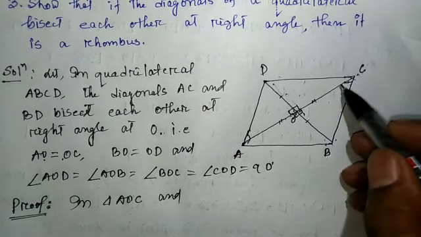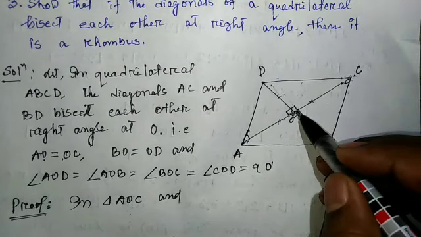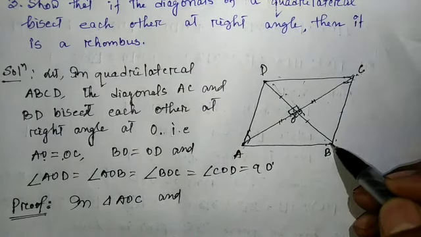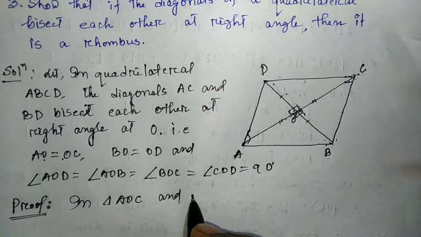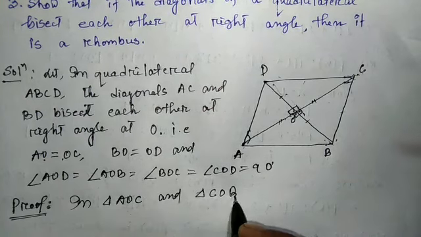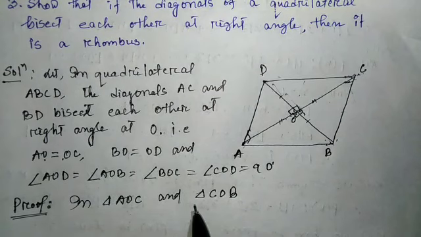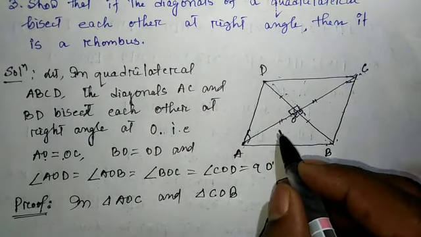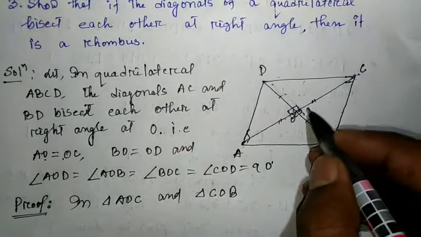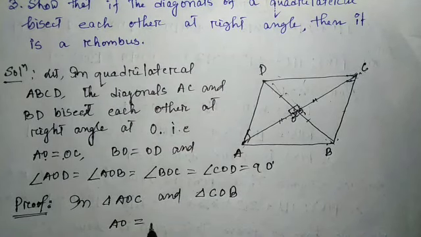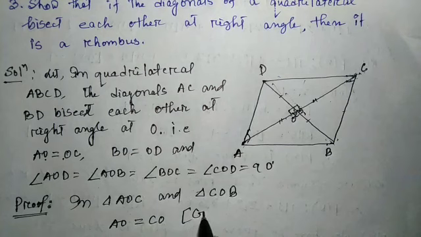Because AO is equal to CO. So triangle AOD and triangle COB; we cannot take BOC or OBC or OCB like that. In these two triangles, what are equal? AO is equal to CO, given.